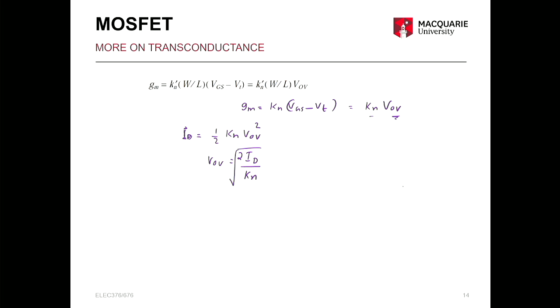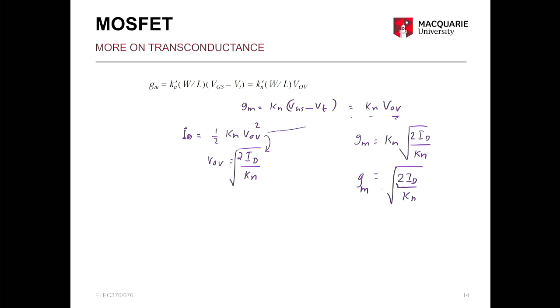So if you substitute for that here in the GM, GM is equal to Kn times root of 2ID divided by Kn, which is root of 2 Kn ID. So that's one way of writing GM.